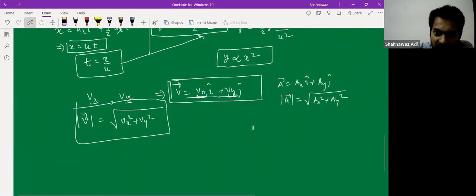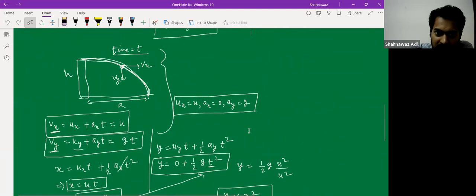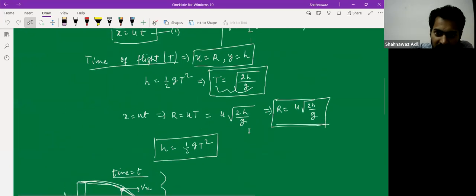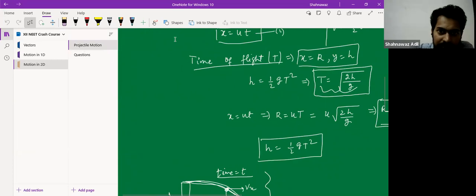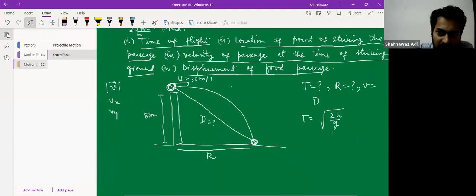Yes, so it was root 2h by g, and R was u times root 2h by g.